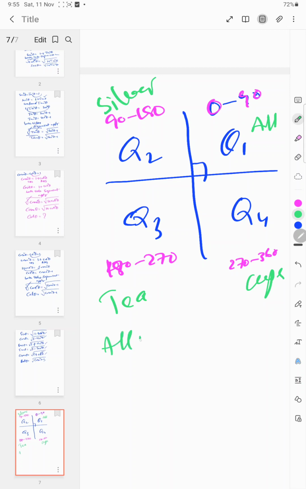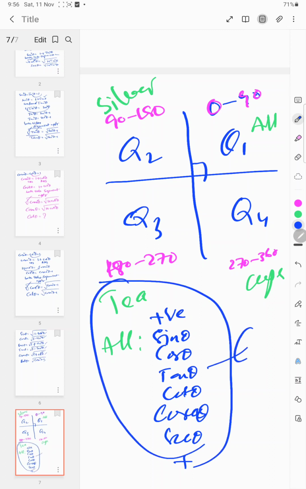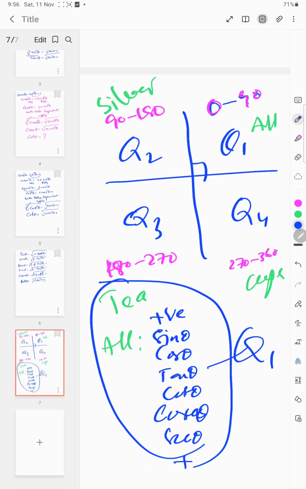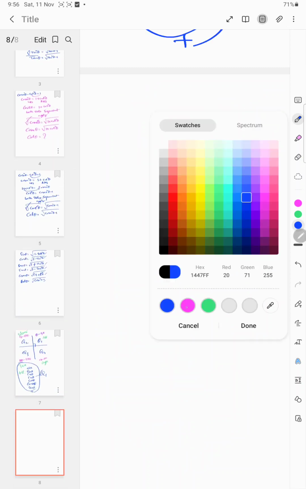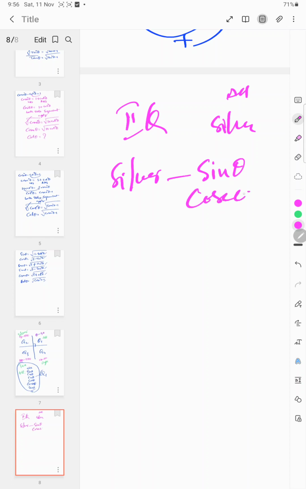All means sin, cos, tan, cot, cosec, sec: all are positive in the first quadrant. In the second quadrant, Silver means sin theta and its opposite cosec theta. Cosec theta is only positive in the second one.